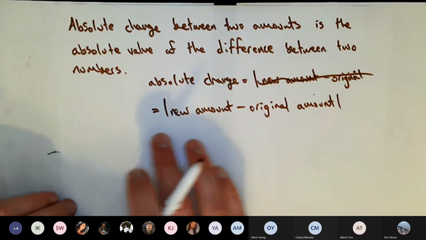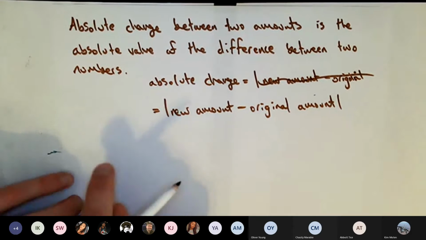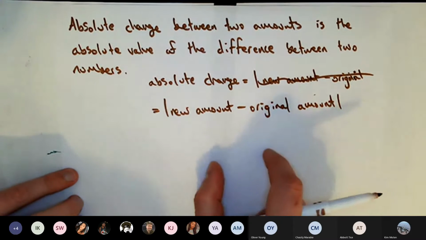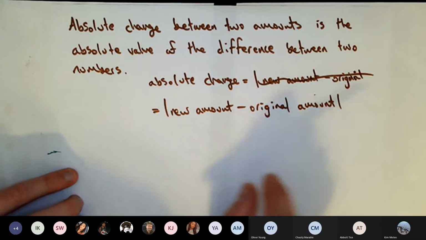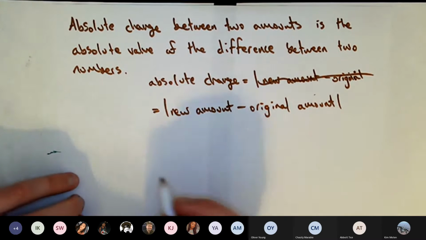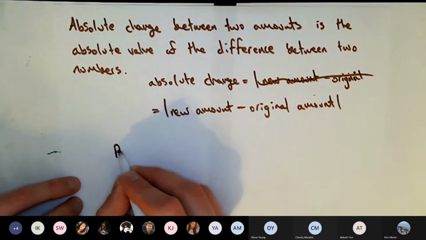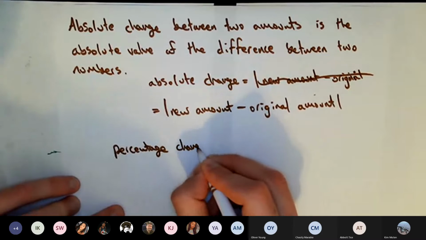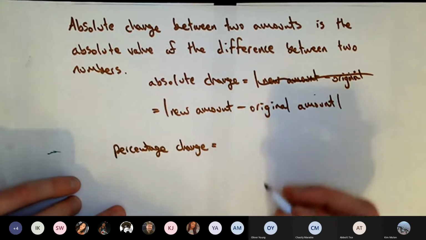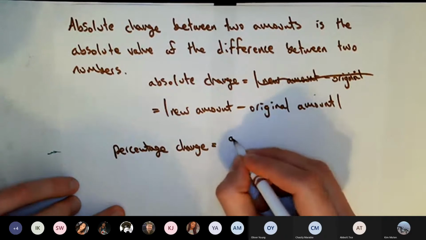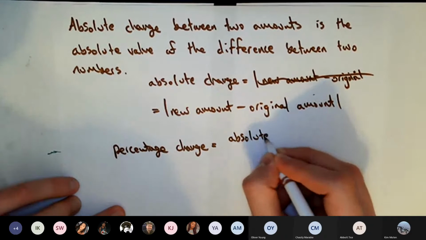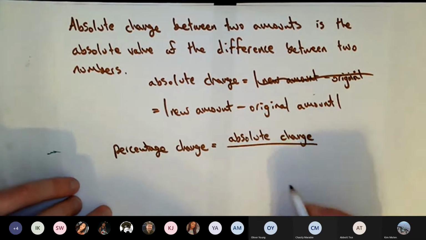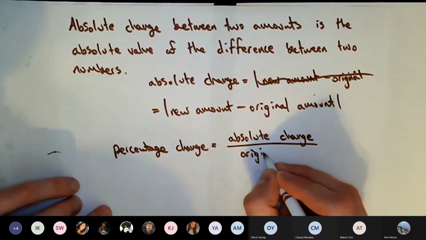Then what did we do after we found that 10? We set up an equation that said percentage times base equals amount, and then we divided and transformed the decimal into a percentage. I can do all of that in one fell swoop by saying the percentage change, so maybe increase or decrease depending on the problem, is equal to the absolute change, which for us was the 10, divided by the original amount, which for us was the 50.